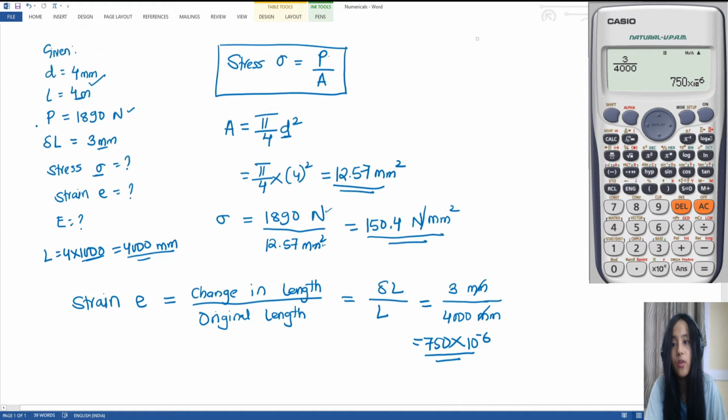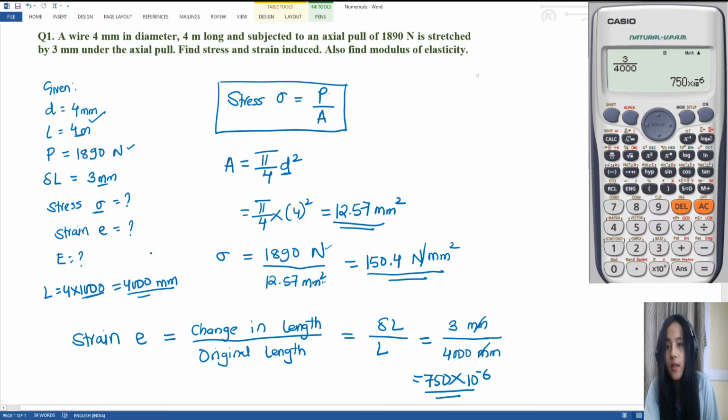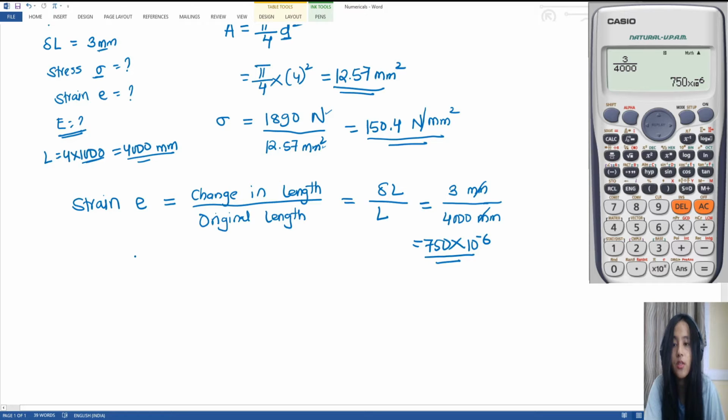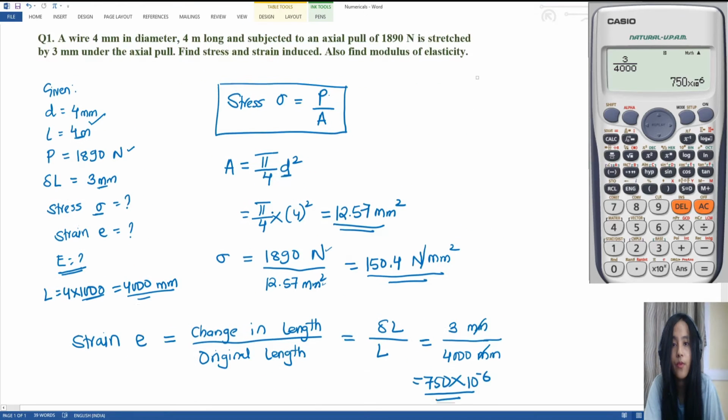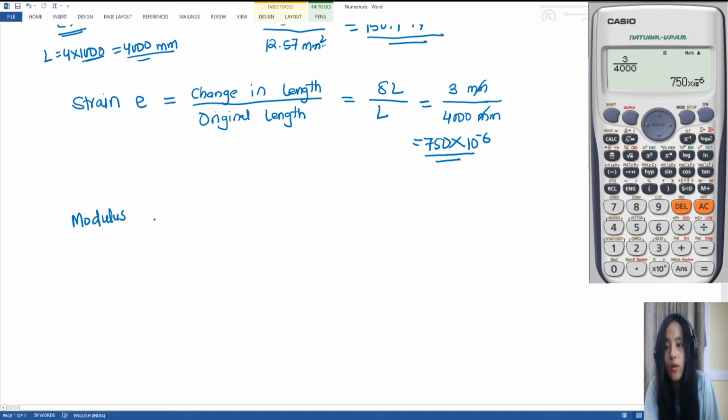Okay, now the last thing that we need to find is modulus of elasticity E, right? So modulus of elasticity E will be equal to stress by strain. So how much did we get?